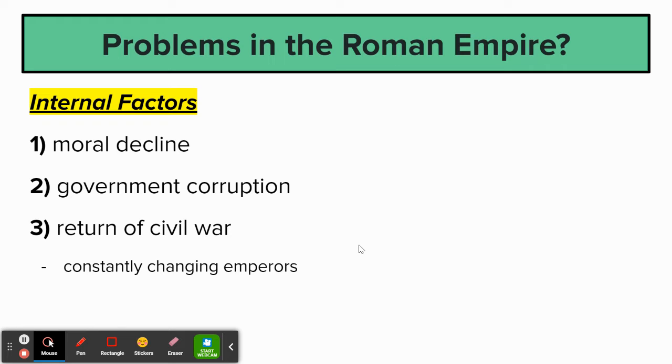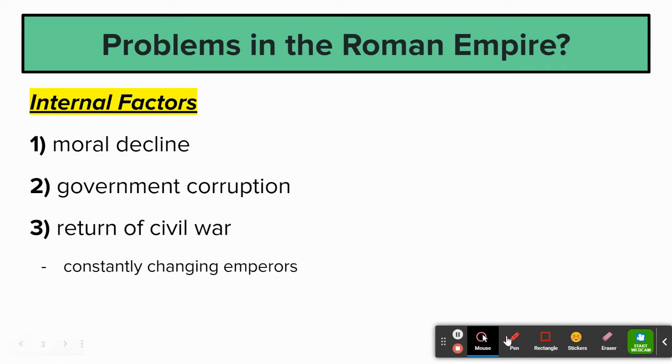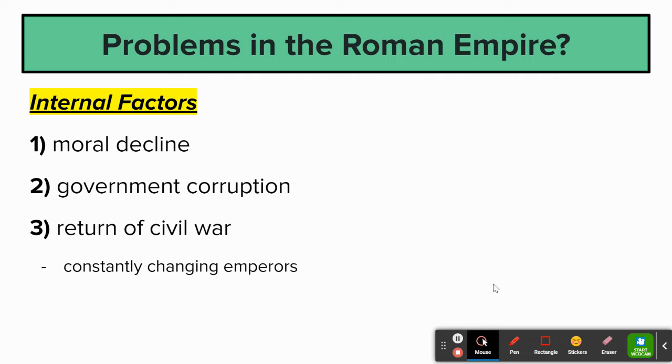And so this constant changing led to inconsistency in law, in safety and protection, in trade, and other factors related to government supervision and powers.